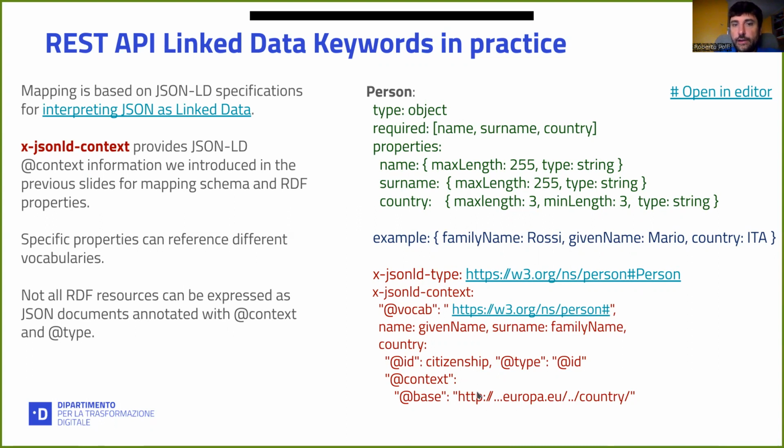As you can see here, what we did for country, specific properties can reference different vocabularies. Here we are referencing the European Union vocabulary for countries to ensure that we have a well-defined country reference from this three-letter identifier.